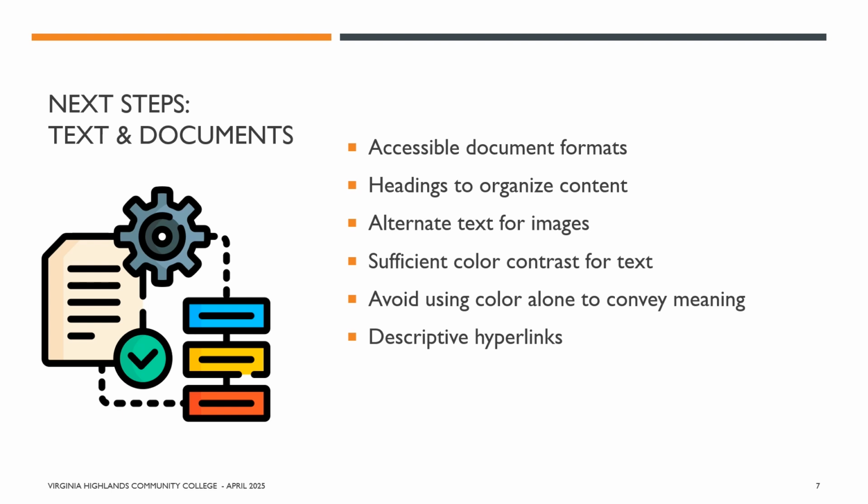You must also use proper formatting in documents and on web pages. Examples include using headings for document organization, providing alternative text for images, ensuring good color contrast for text, avoiding the use of color alone to convey meaning in your text, and using descriptive link text for hyperlinks.